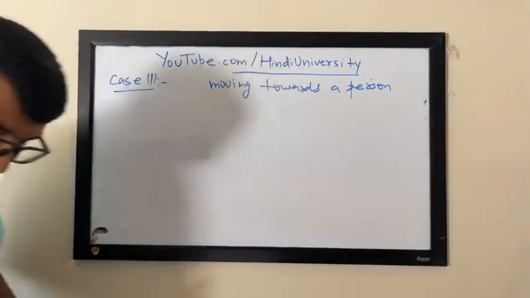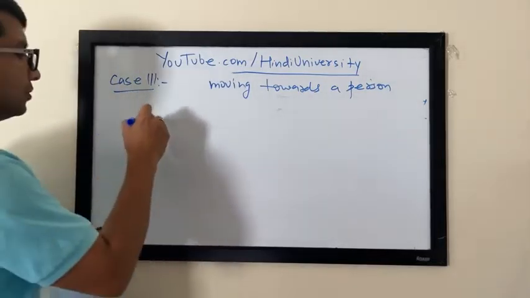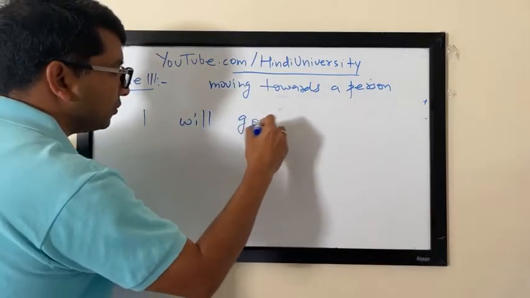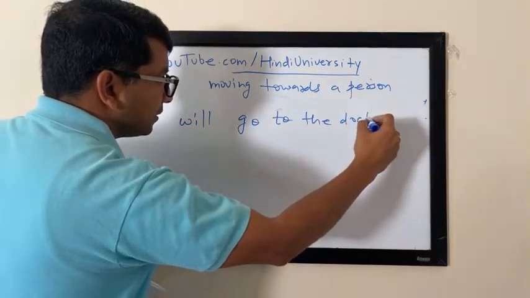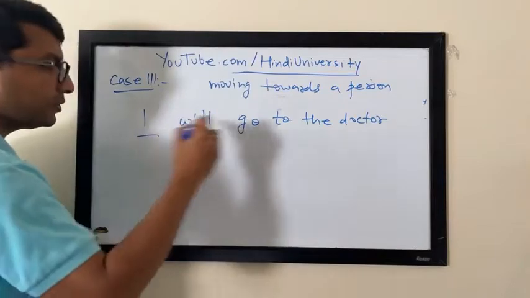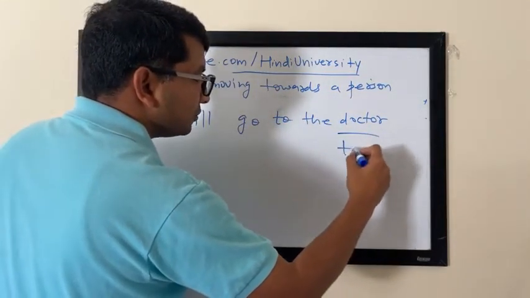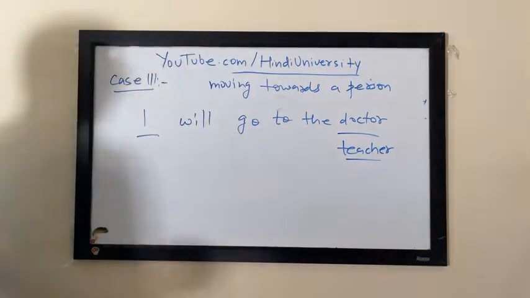Okay, and what are the examples of these? Let's say you want to say I will go to the doctor. Like you are moving towards a person, right? Doctor, or let's say you want to go to the teacher. All these examples. Okay.